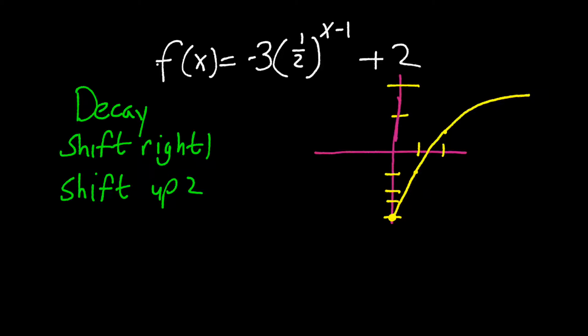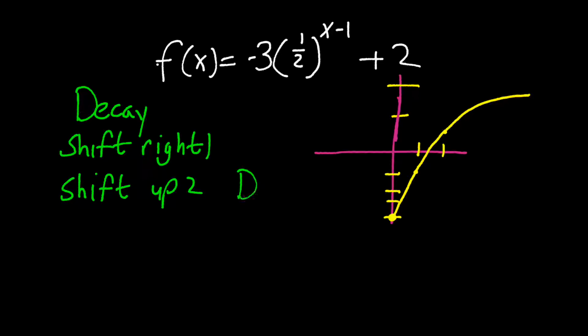Now this will look different because we have a negative in front of it. That flips the graph upside down. So while generally the graphs will look something like this, as you can see here, it's kind of flipped because of that negative. Now, how does that affect our domain and range?